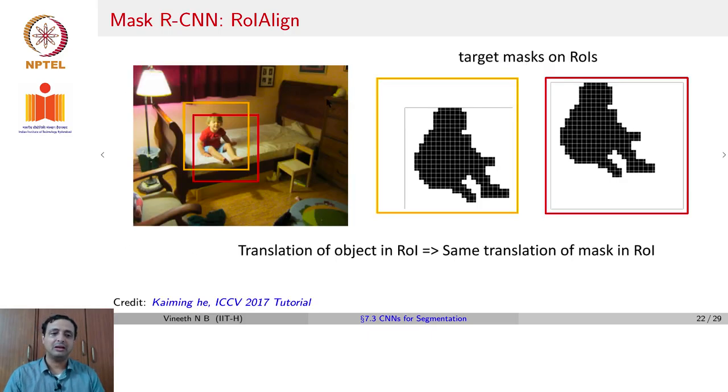We mean that given an image where an object could be located in this yellow box or red box, both could be valid detections, but the mask position in each of these bounding boxes is different. So by translation equivariance, we mean that if the object has moved by a certain amount inside the bounding box, the mask also has to move by the same amount. And this can be achieved by the ROI Align layer.